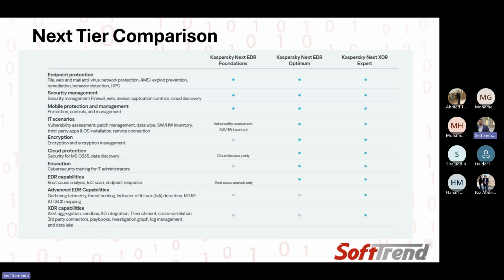We also have the XDR capabilities, such as the alert aggregation and cross correlation, which are basically unifying a high volume of raw alerts that are maybe not that useful into more prioritized incidents that you can check and study.